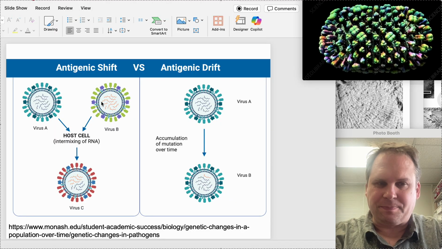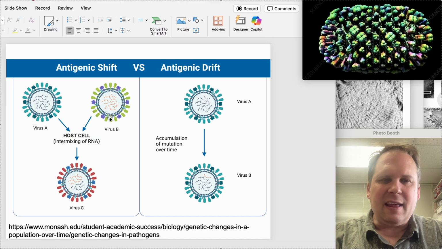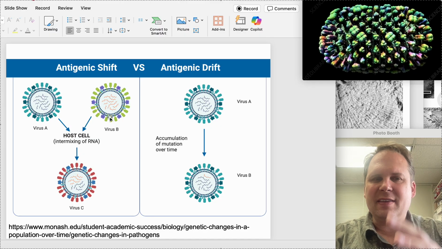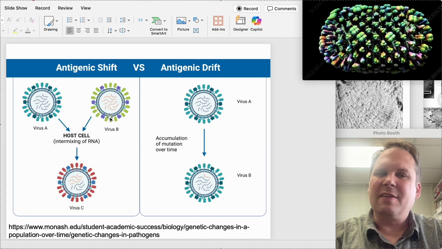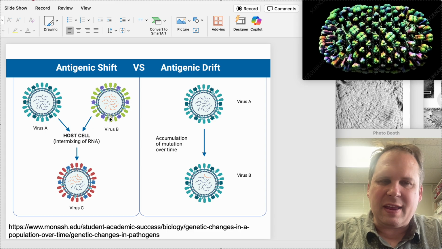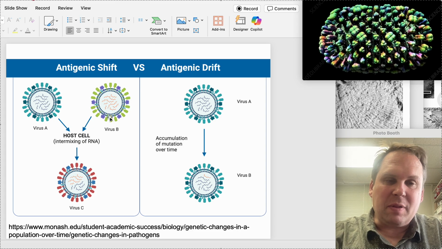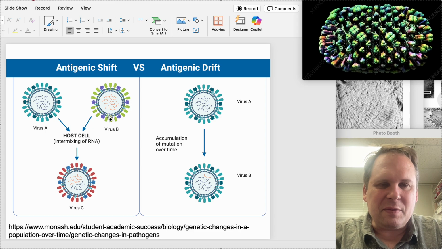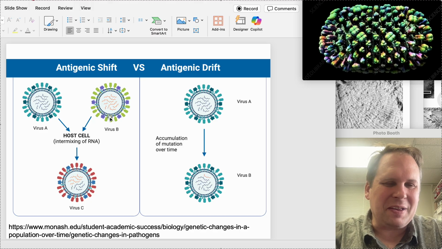They can rearrange, and as long as the virus comes out with a complete set, there's at least the potential for it to have, for example, a totally different hemagglutinin to the one that it was normally traveling with.